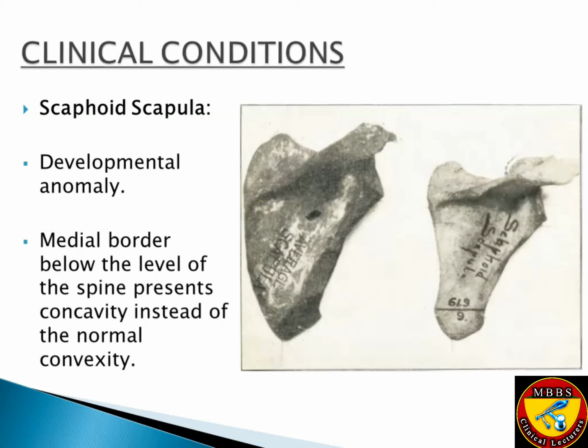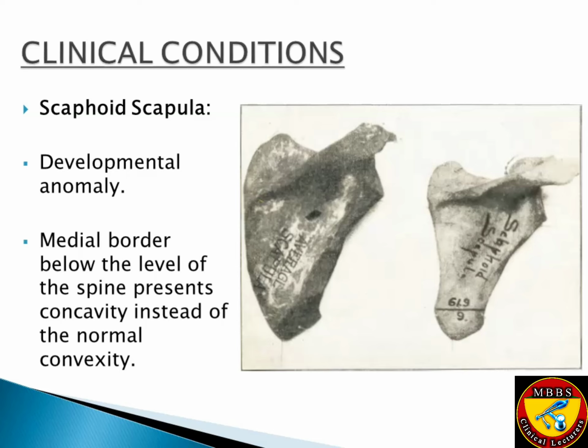Clinical conditions. There is a condition which is called as scaphoid scapula, which is a developmental anomaly in which the medial border of the scapula below the level of spine presents a concavity instead of the normal convexity.